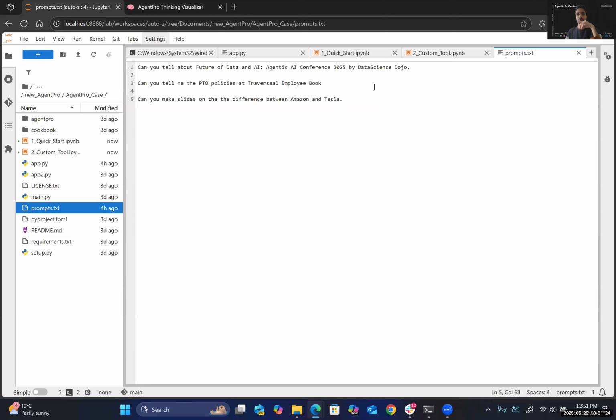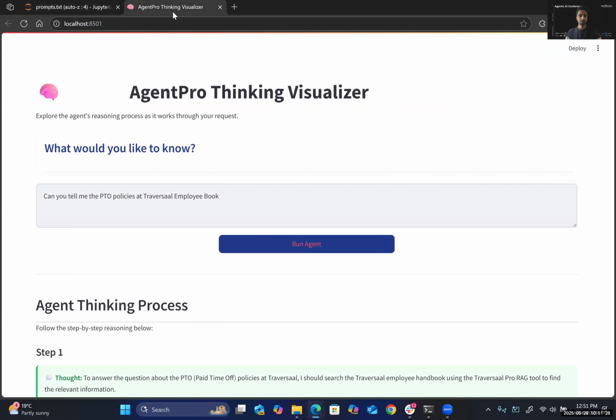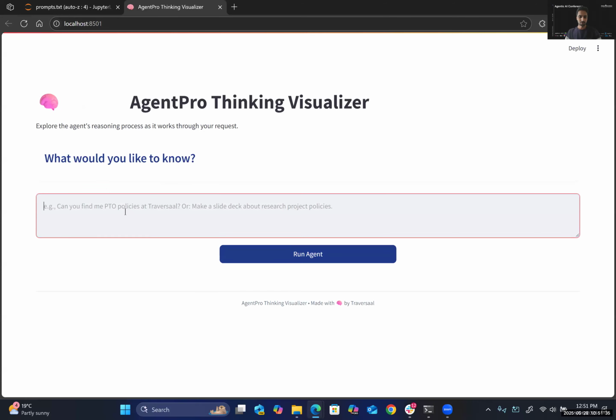And how about we try this? Can we make PowerPoint slides and compare Amazon and Tesla? Let's see if Agent Pro can use multiple tools, fetch information about Amazon and Tesla, and try to make PowerPoint slides for us.